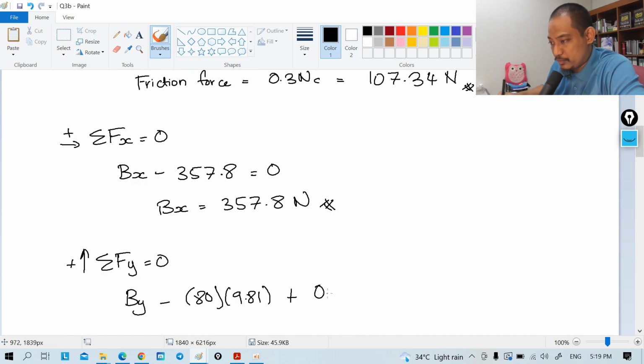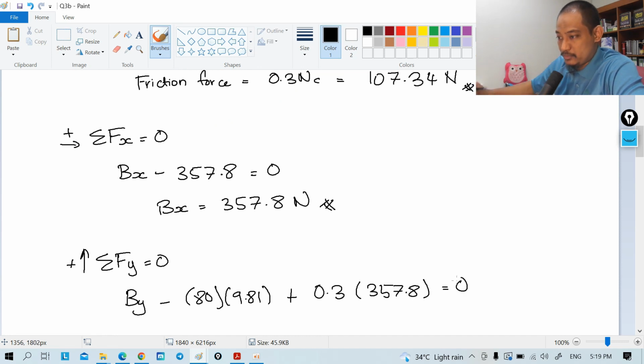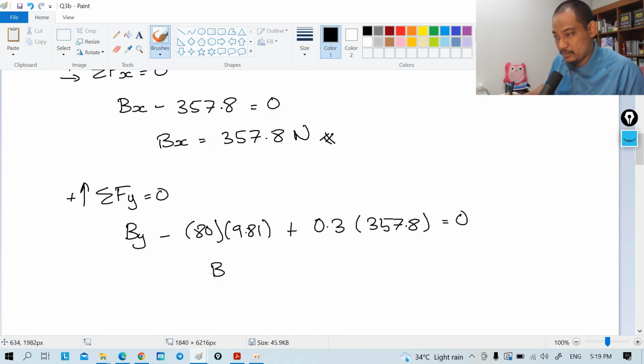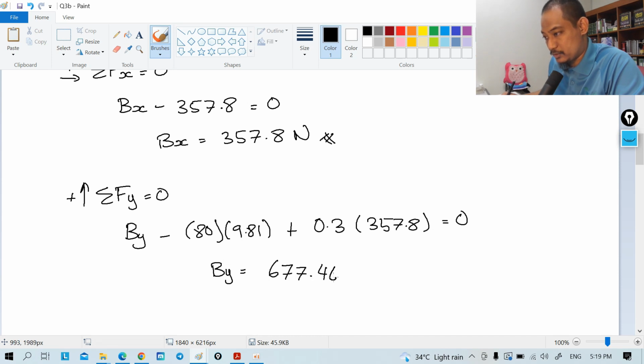So 0.3 NC is 357.8, right? 357.8 equals 0. That's all. So By equals 0.46 Newton. Double check.